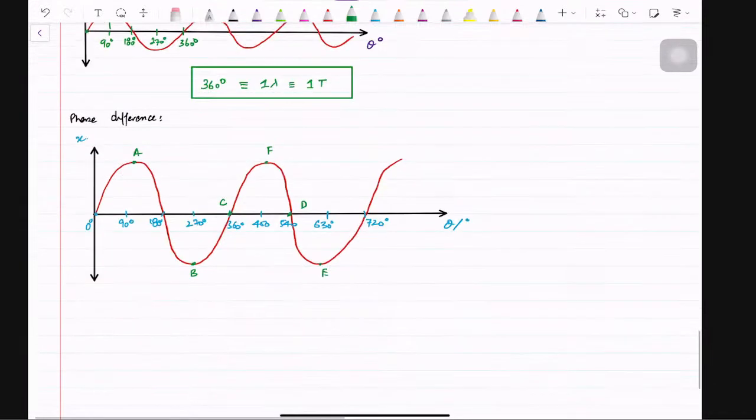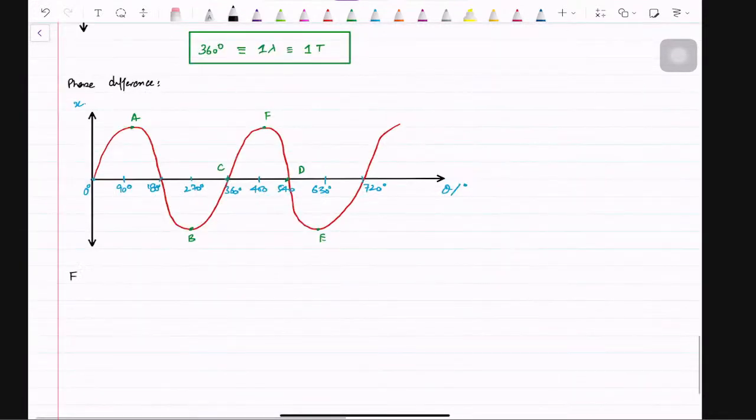Now, first question is, they say find the phase of A, B, C, D, E, and F. Speaking of phase, A's position on this one has got to be 90 degrees.